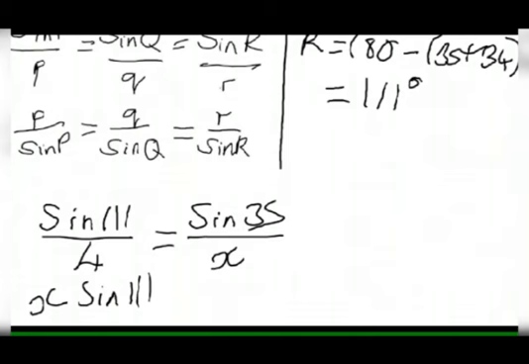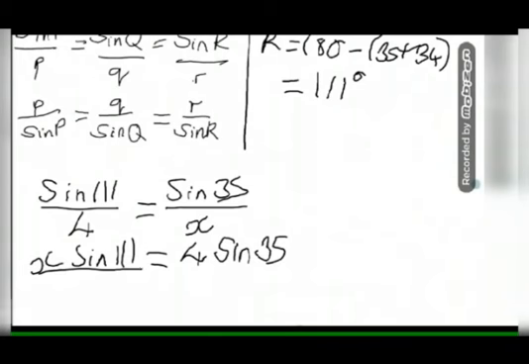This means that sine 111 over 4 is equal to sine 35 over an unknown figure. We multiply the two and get x sine 111 is equal to 4 sine 35.